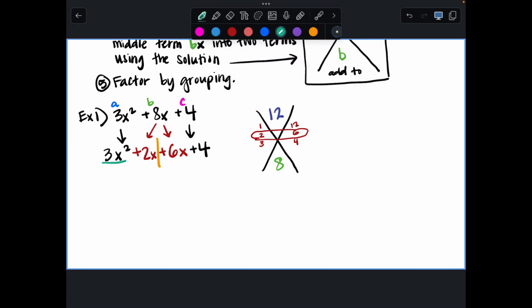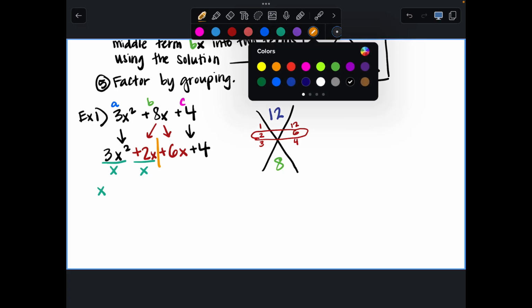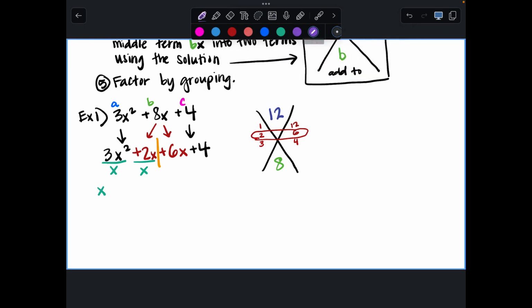And the common factor here is x. So we move x to the outside of the parentheses. And then we have 3x after you divide, and the x cancels out here, so plus 2.